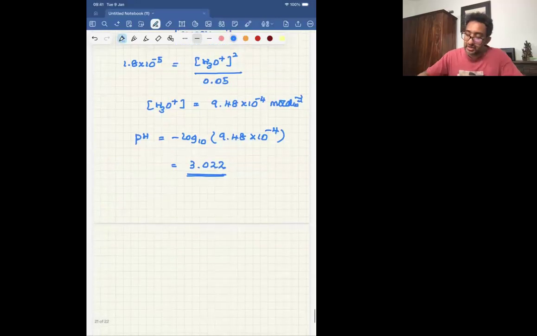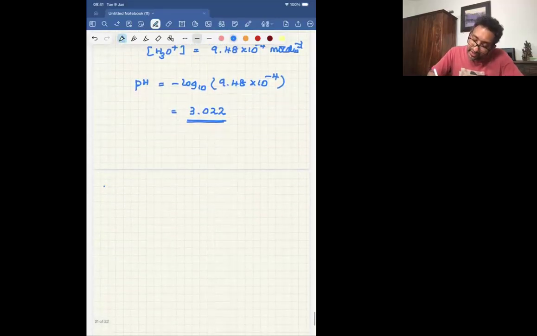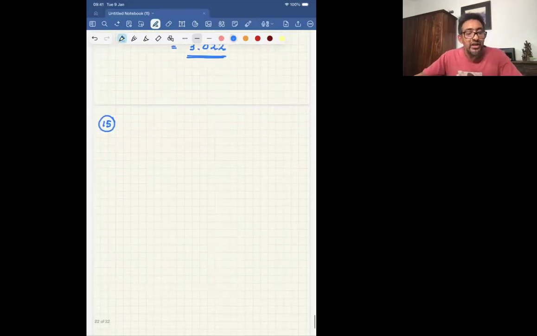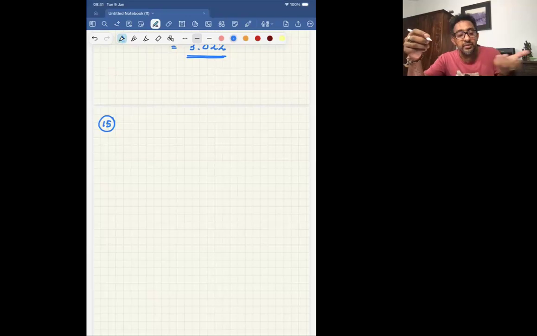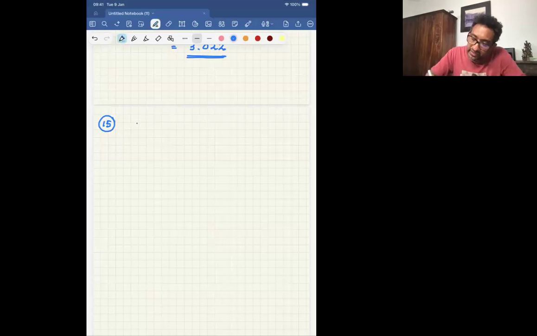Right, question number 15. Did you all try that? The solution consists of 1.2 moles per cubic decimeter HCl and 0.1 molar acetic acid. If the dissociation constant is this much, find the pH of the solution. In the presence of a strong acid, weak acid ionization is negligible. It doesn't ionize, so everything comes from the strong acid.